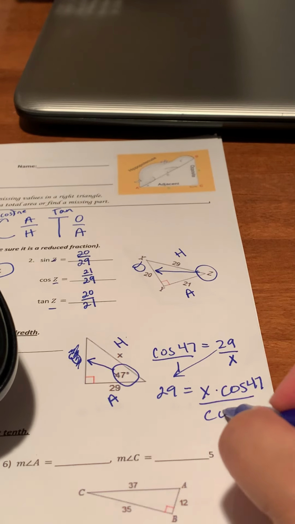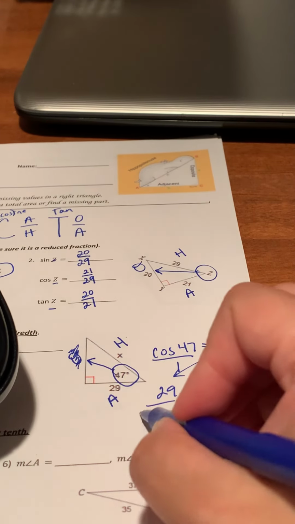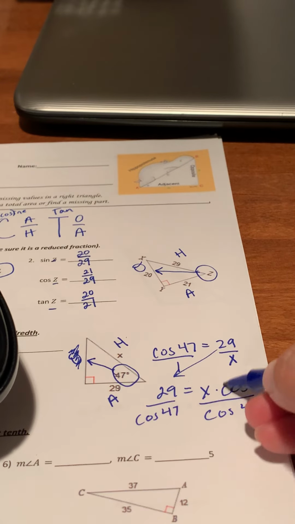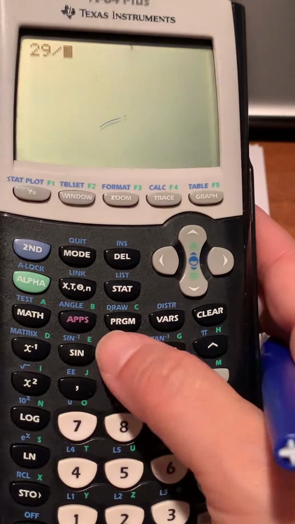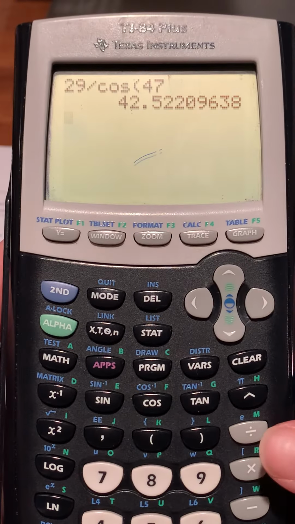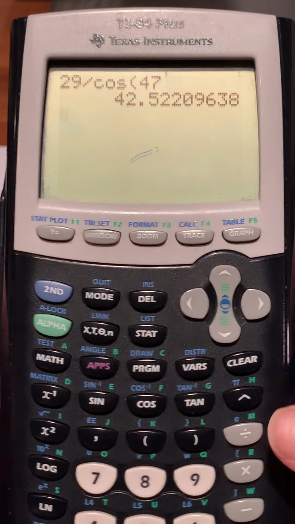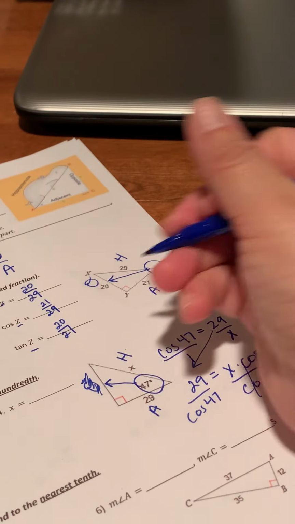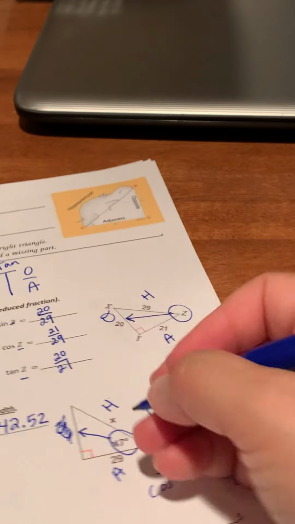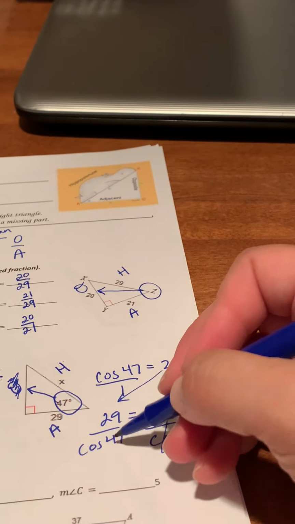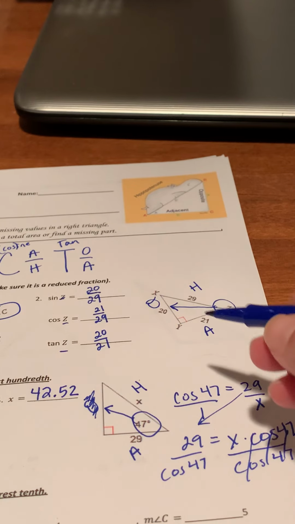If this is multiplying, I'm gonna divide. 29 divided by cos 47. All right, about 42.52 for that hypotenuse. So top divided by bottom, 42.52.